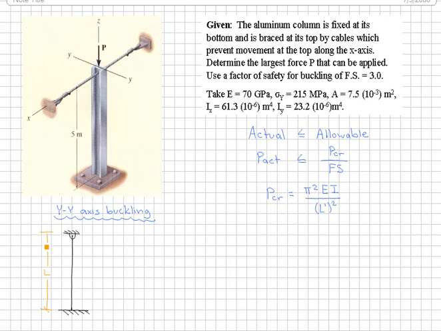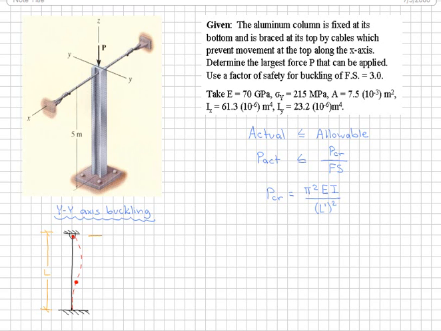Now recall from lesson 33 that the effective length is defined as the distance between two successive inflection points, or points of zero moment. So we want to draw in the buckled shape for a pinned fixed column. Looking at this drawing, we see that we have a point of zero moment at the pin, and we also have an inflection point in this buckled shape located right here.